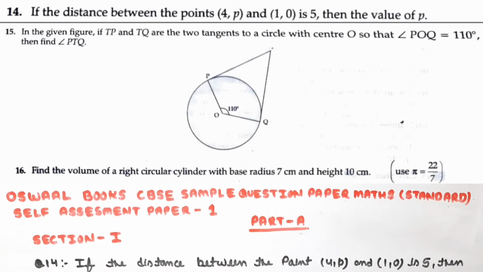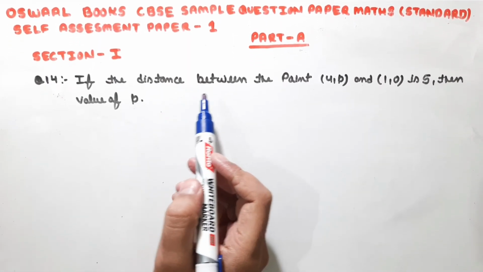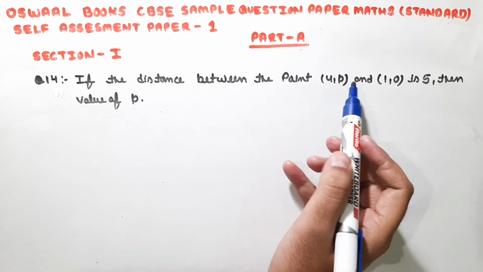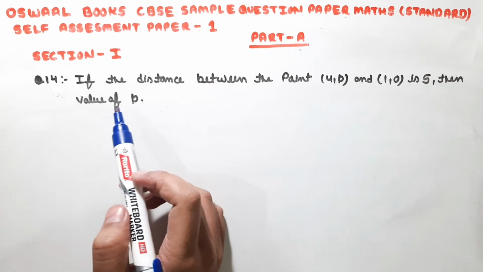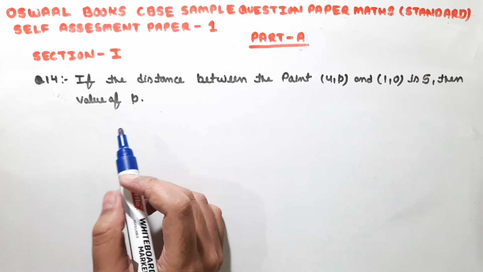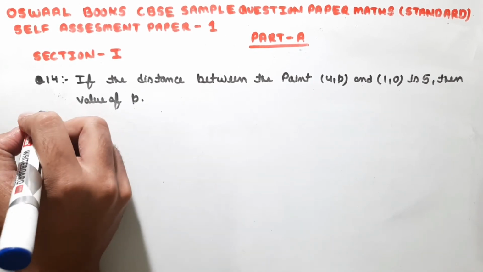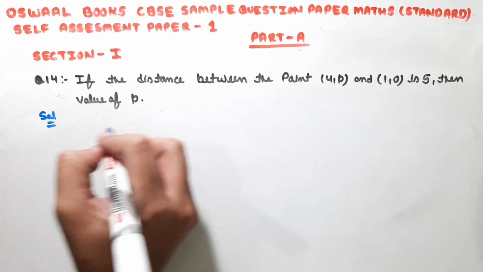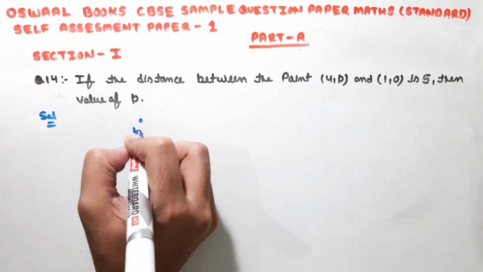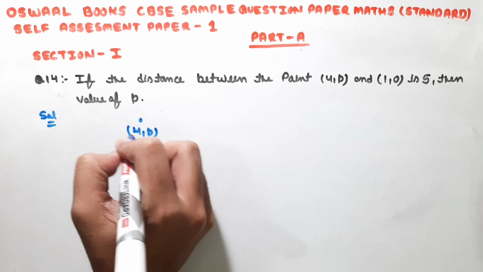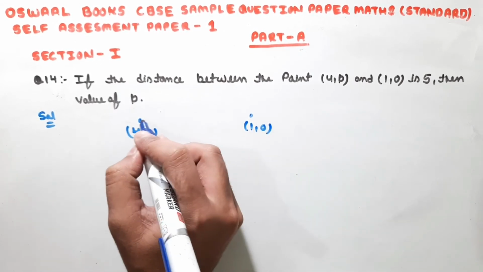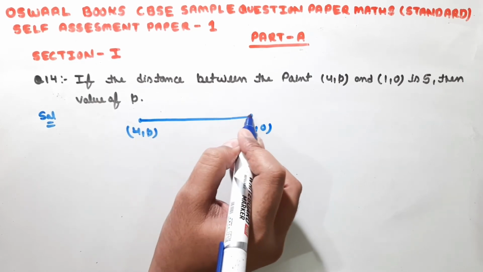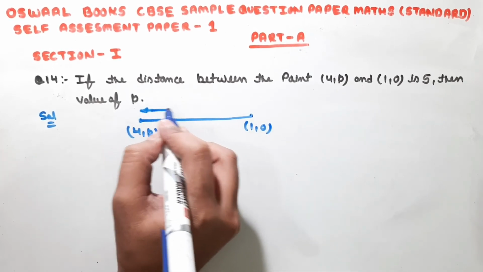Question number 14. If the distance between the points 4, p and 1, 0 is 5, then find the value of p. In this problem, we have given 2 points, that is 4, p and 1, 0. The distance between these 2 points is 5.